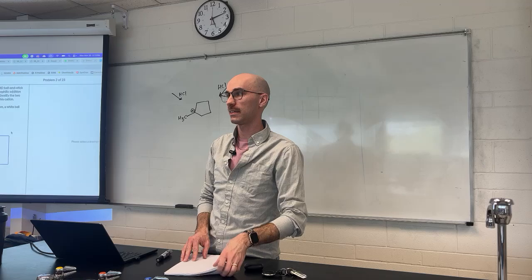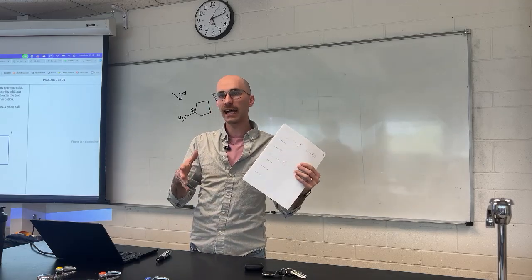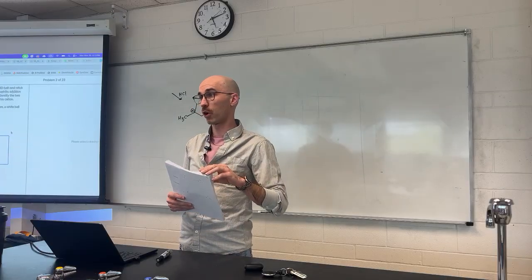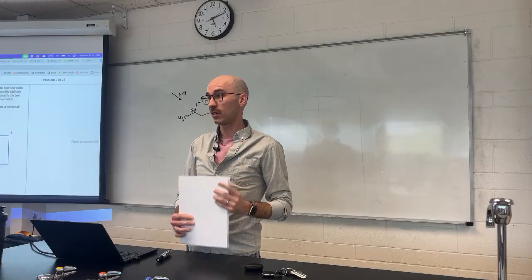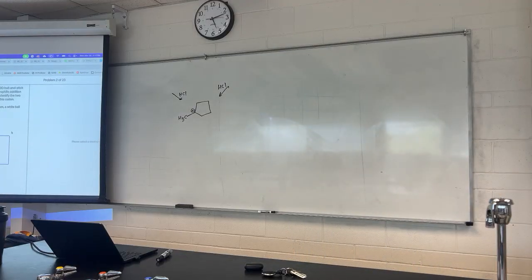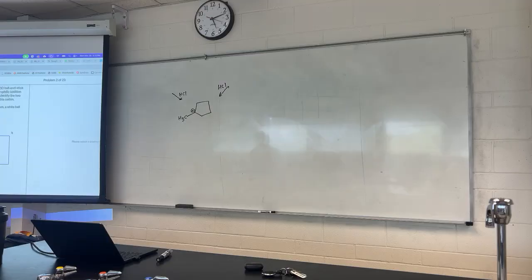What's the acid? Between an alkene and a hydrogen halide reagent, like hydrochloric acid, hydrobromic acid, what's the acid? The HCl. And what's the base? The alkene.